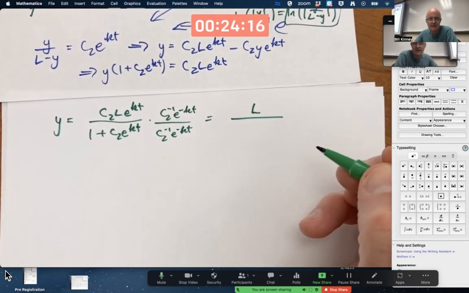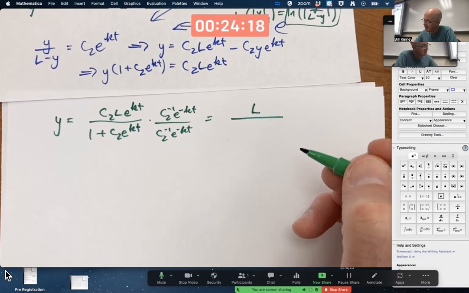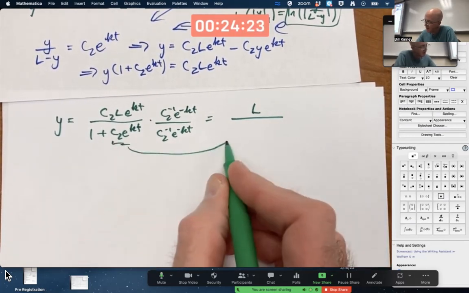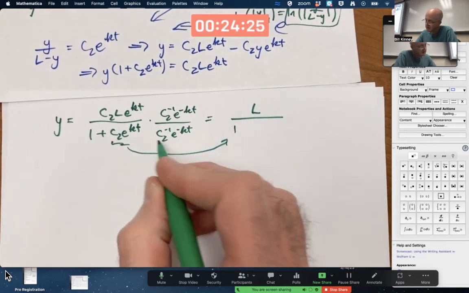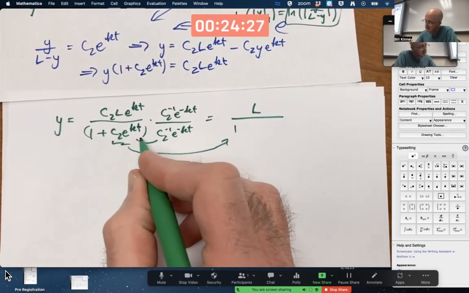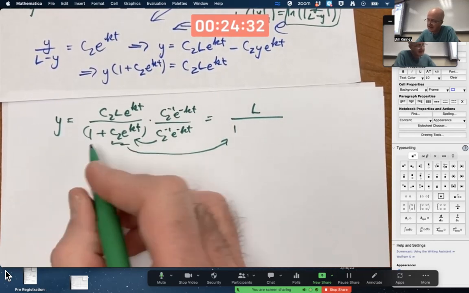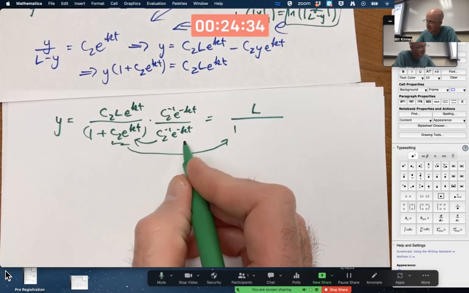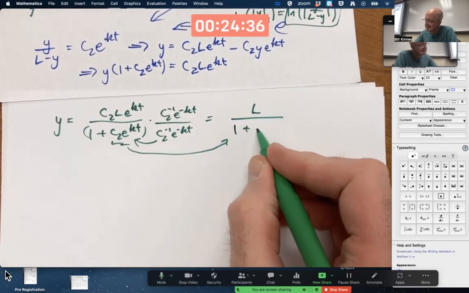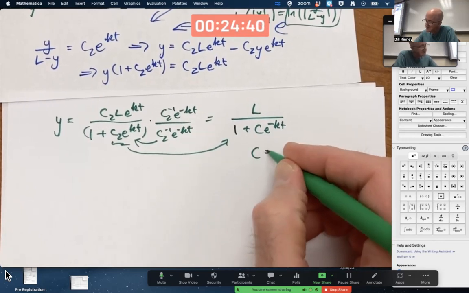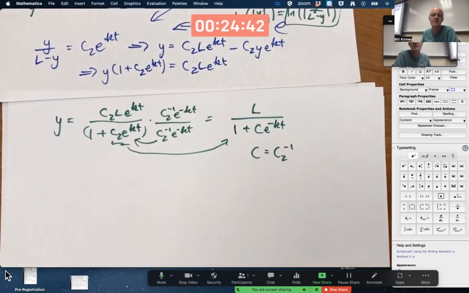Because the C2 and the e to the kt will cancel. And on the bottom, it's going to completely cancel with this thing. This part's going to become a 1 right there after multiplication. And the C2 inverse e to the negative kt times 1 is itself. I'm going to now write that as C e to the negative kt, where C is really C2 inverse. That's a more typical way people write a general solution.